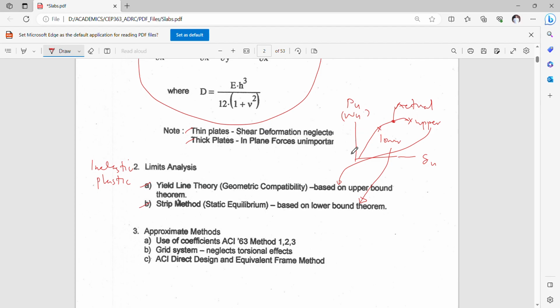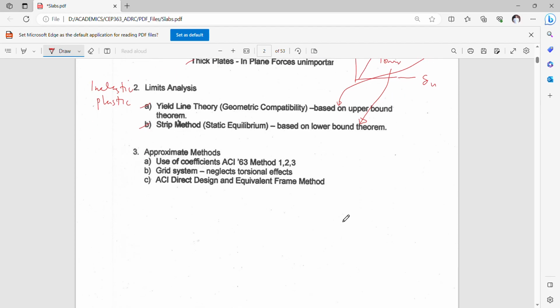Okay, for the approximate methods, of course some are elastic and some are elastoplastic based procedures. So we have here the famous ACI method 1, 2, 3, which is the coefficient method. Okay, for the grid system, we neglect torsional effects if we consider it as a grid system.